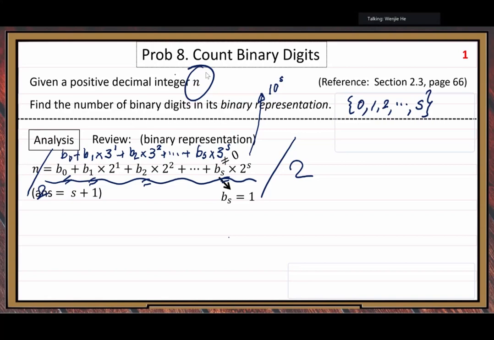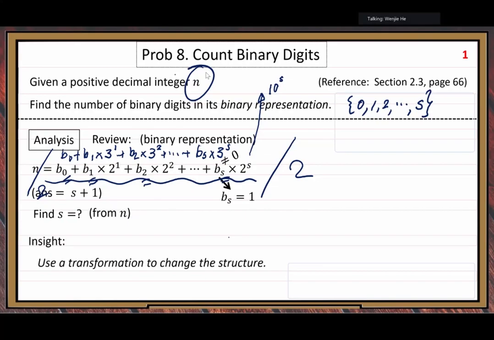So we need to do more work. All right. So then, our current goal: we need to find the representation for S in terms of n. Then we're done.